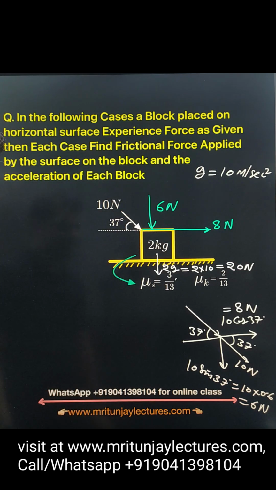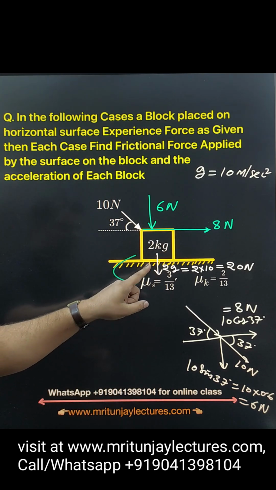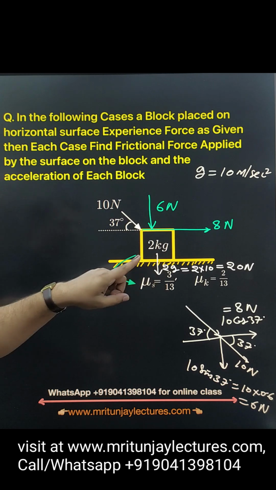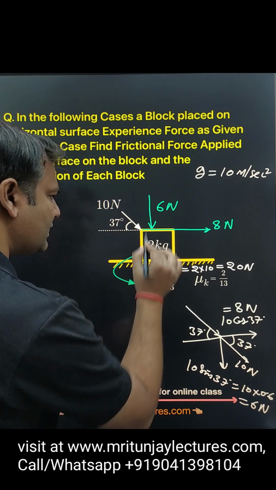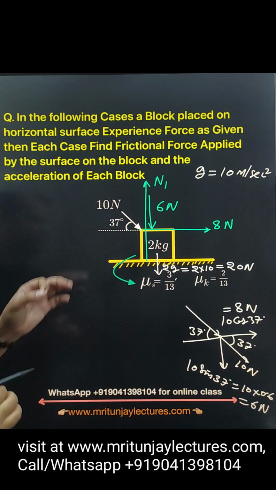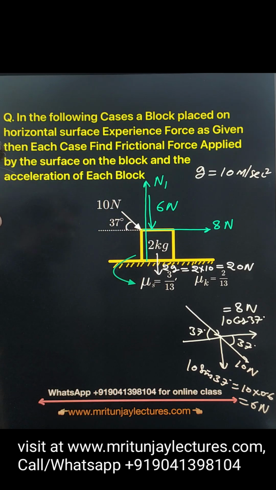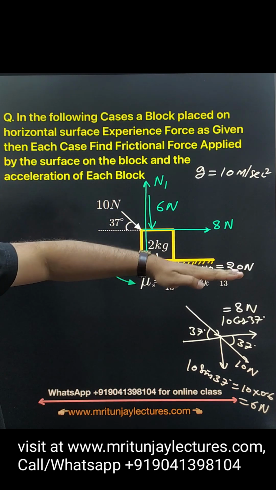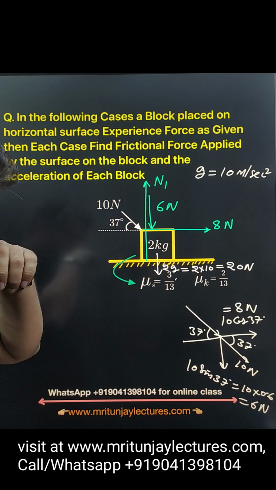After that, if you make the free body diagram of that block, mg downward, and the normal force applied by the surface on the 2 kg block, suppose that is n1. This block is not moving along the y direction. Why? Because this is a rough surface and also a fixed surface.